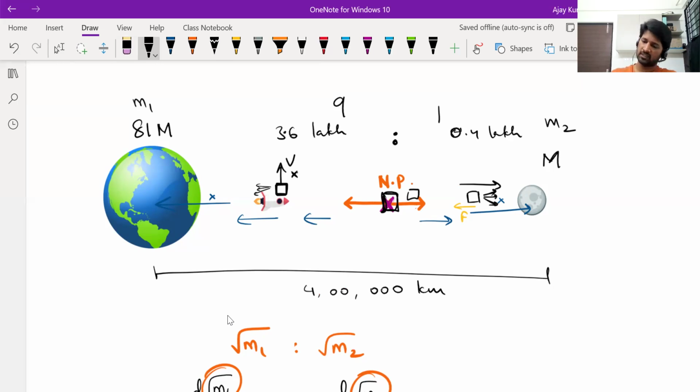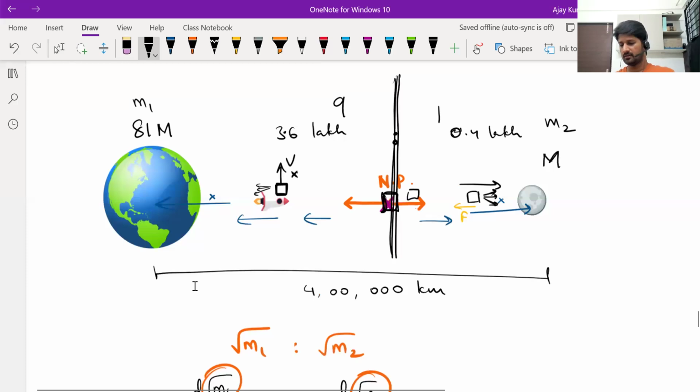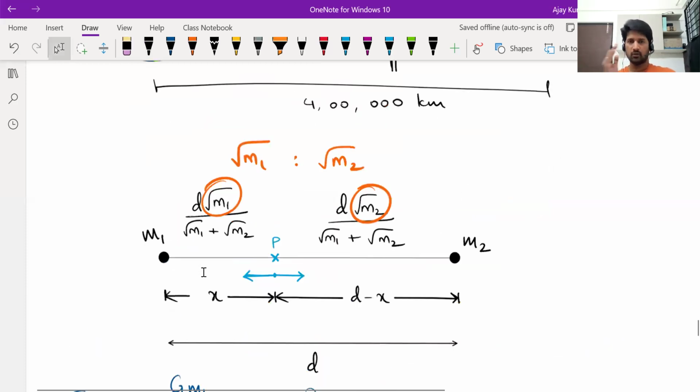So up to that distance of 3.6 lakh kilometers, Earth's gravity will be attracting the probe module, whatever you want to call it. After that only the Moon's gravity will dominate. Okay. So remember, the neutral point between two masses m1 and m2 divides the line joining them in the ratio root m1 is to root m2. So if you know the masses, you can tell the ratio in which it splits the distance between them.